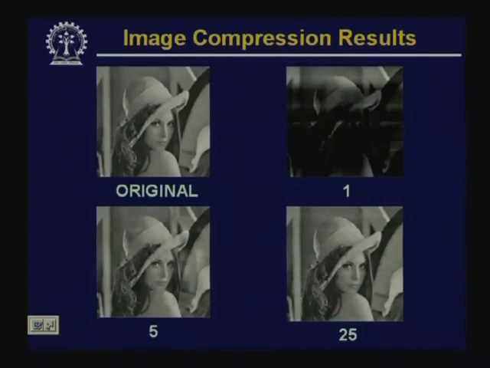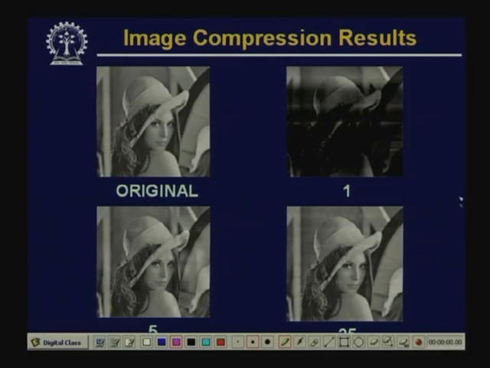Here you find that in the earlier result that we have shown, using only one eigenvector as the transformation matrix, still I can reconstruct the image and I can say what the content of that image is, though the reconstruction quality is very poor. So, that shows that the energy compaction in the number of components is much higher in case of KL transform than in case of other transformations.